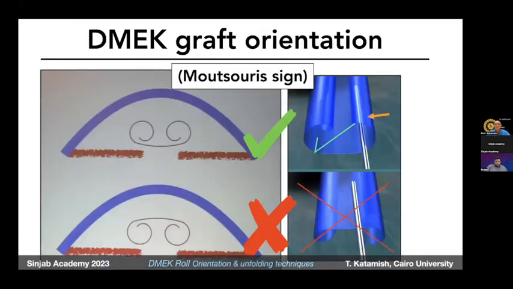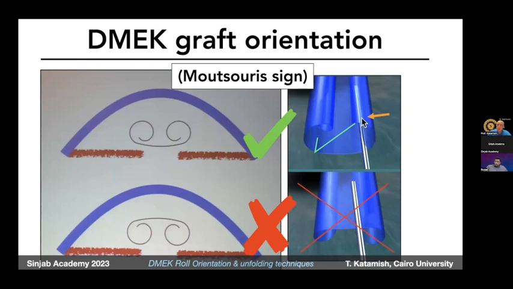The second very important sign is what we call the Moutsouris sign. The idea of this sign is very clever and very simple. If you have your graft inside the anterior chamber, and you put your spatula or cannula over the graft, I stress again, you should put the spatula over the graft and make sideway movement.